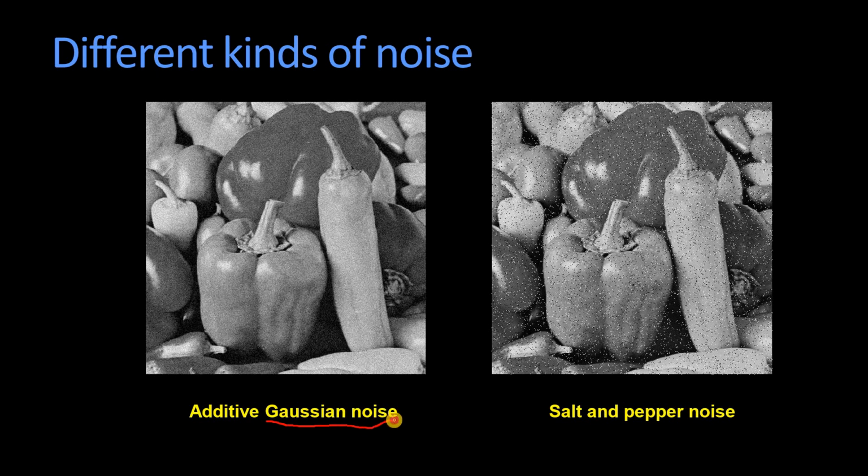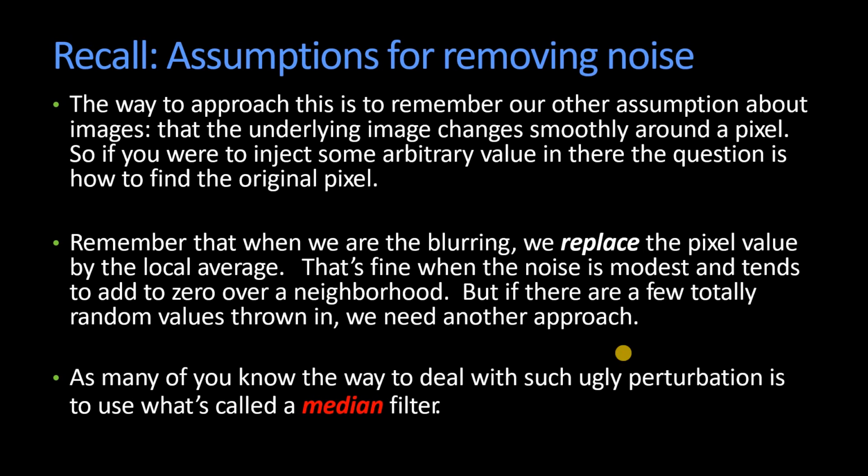One of them is Gaussian, you see. Gaussian is basically adding some random value to the pixels, whereas salt and pepper is basically adding some black or white dots on the image.